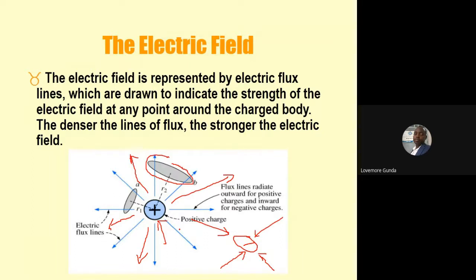And that charged body we are talking about is a positively charged body. So, as you can see, the positively charged body will be repelled by the positive charge, and hence the flux is radiated outwards. But the positively charged body will be attracted by the negative, and hence the flux radiates into the negative body.